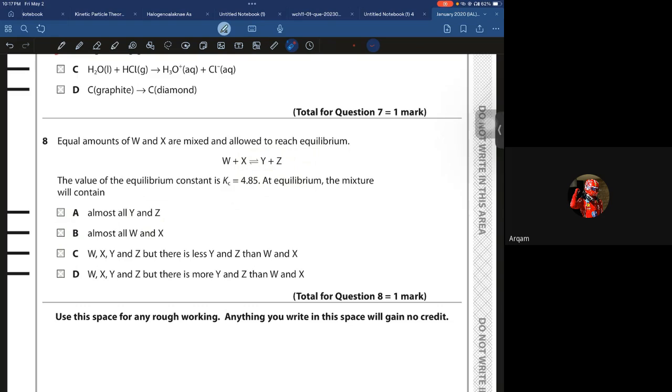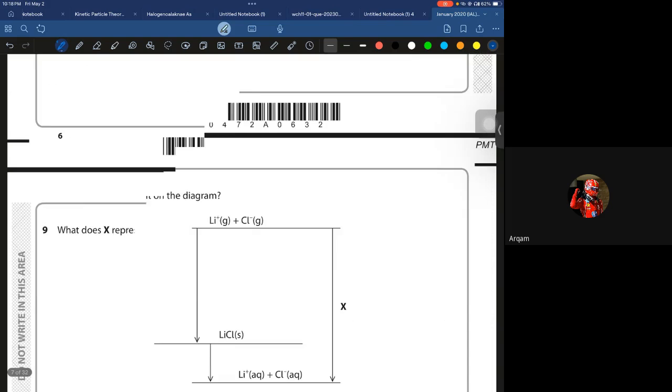This is an important point for this question: when Kc is less than 1, the reaction moves backward, and when Kc is equal to or greater than 1, the reaction moves forward. So that's why option D for doctor is correct.